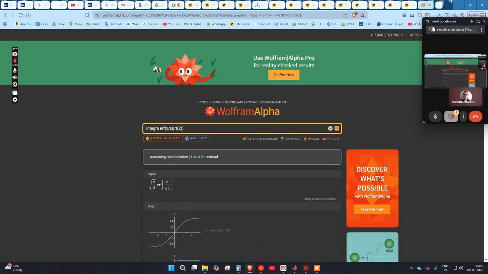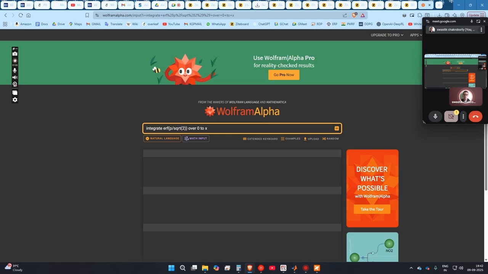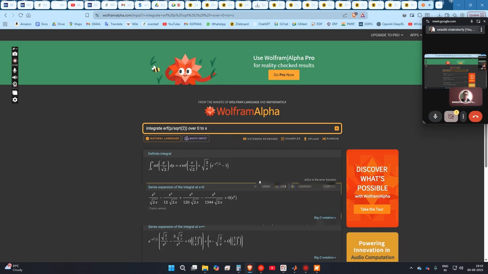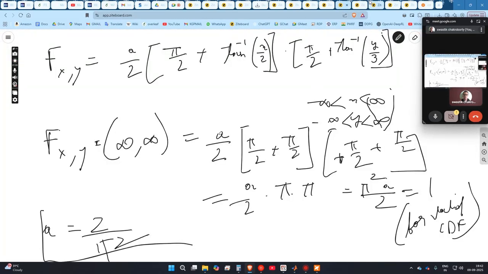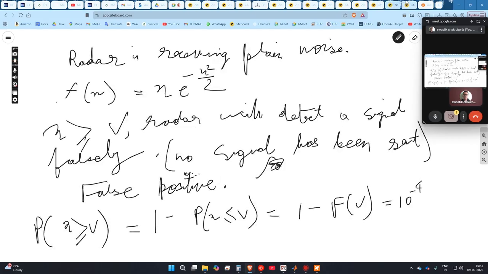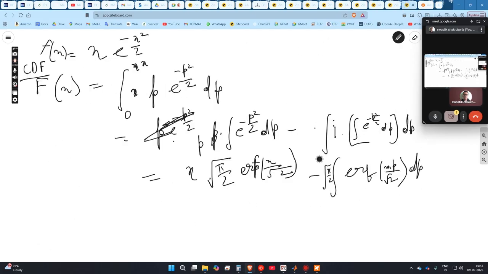Now we will integrate the error function again, and we will get x error function x by root 2.